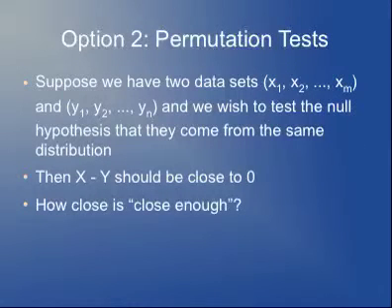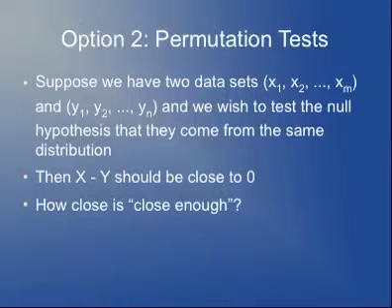Another way that you can test hypotheses using bootstrapping is with permutation tests, and these are used fairly commonly in real life if you're just trying to test the null hypothesis that two means or two medians or two other measures of central tendency are equal.